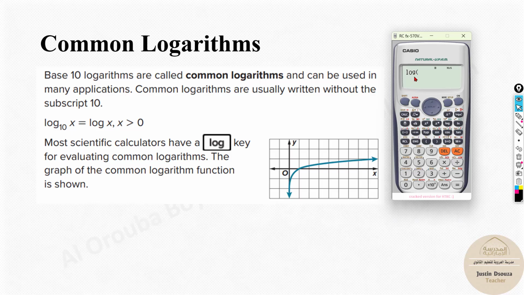If the base is not written and log is just mentioned, then you should know it is base 10. There is also something called natural log over here, ln. Some call it lan, natural log. Now natural log is basically log base e, which we'll study in the next lesson. So these are a few things you must remember on this calculator.